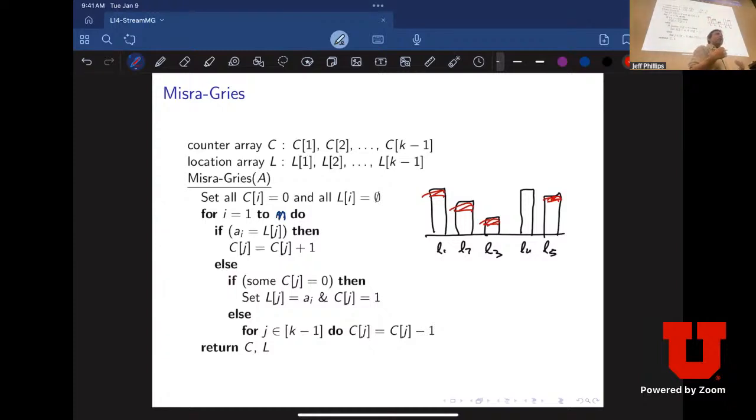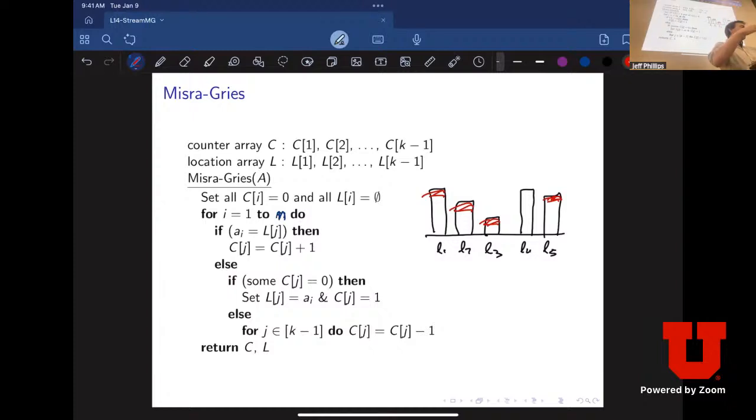Okay? So what is the max amount of error I can have? Every frequency estimate is never an overcount because I only increment if I see something that matches. And I only get error if I do one of the decrements. So the error is the number of times I've done a decrement, right?